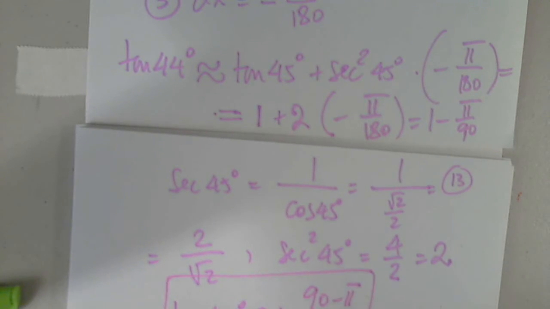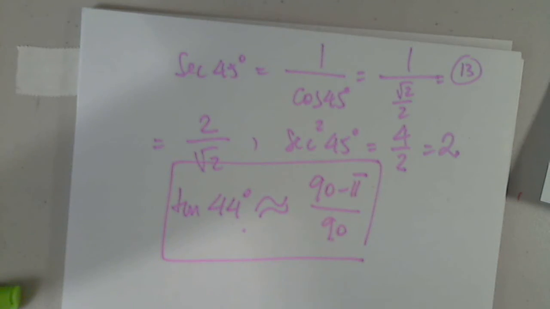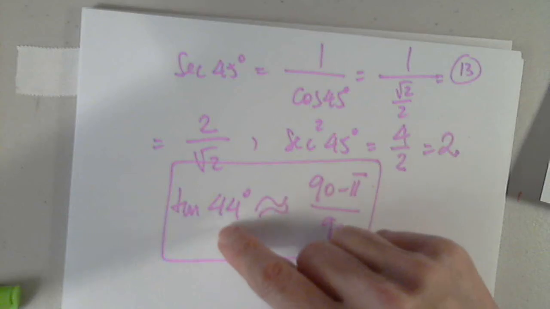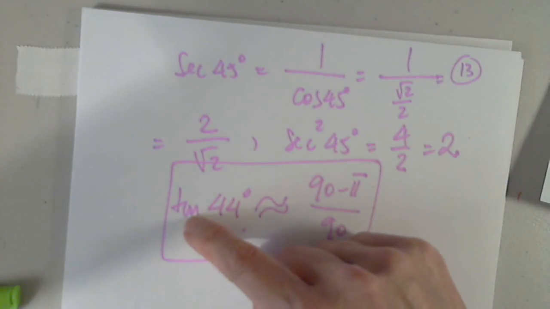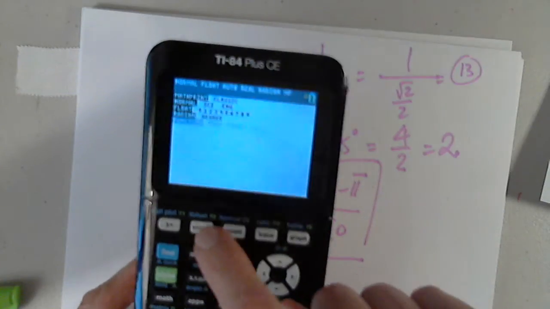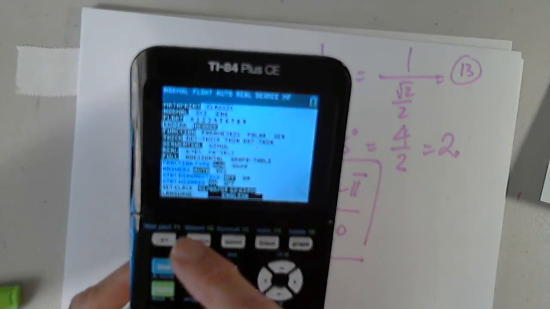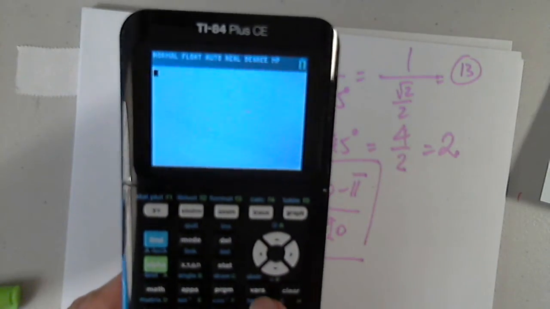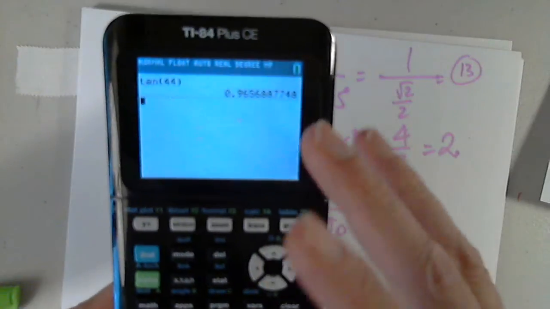And you can say, show me, and I will. Be very careful with the calculator, because when you plug in a number of degrees in tangent, you have to have the mode in degree mode. Careful with that. So I have tangent, and I plug in 44, and whatever I get.